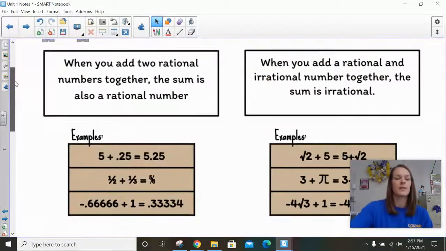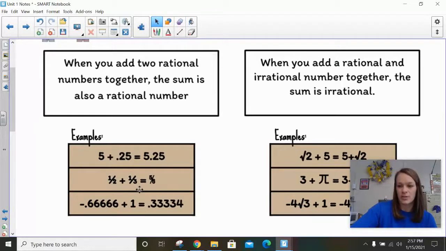Here, 5 is rational and 0.25 is rational. When you add them together, you get a rational number. A half is rational and a third is rational. When you add those two together, you still get a rational. Same thing with the last one.